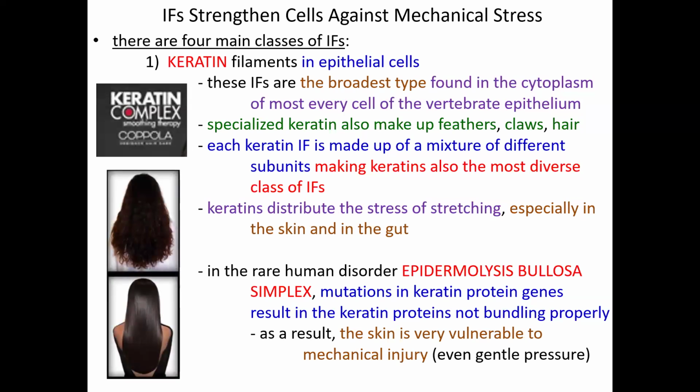Okay, now just give me like 30 seconds to go on my soapbox here and rage a little bit. This is the stupidest stuff I've ever seen in my life. All these beauty products that have keratin in them and tell you that the keratin is going to make your hair healthier, or you can put keratin polish on your nails and your nails will get so ridiculous. The keratin needs to come from the cells.